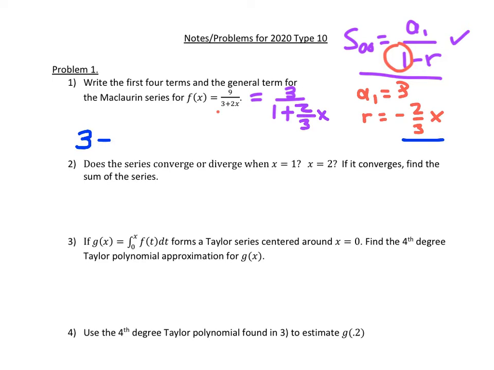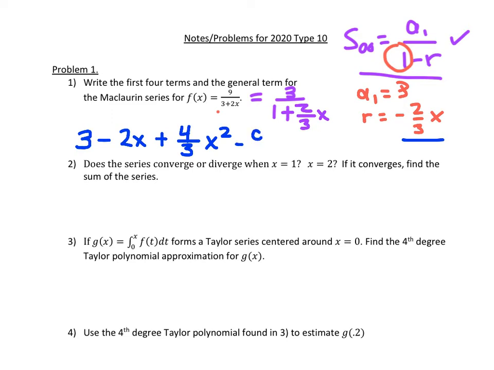And remember, anytime you can go ahead of me, that's fine. So if I multiply this 3 by negative 2/3 x, I'm going to get negative 2x. Why don't you pause and try the next couple? And then I'm going to multiply by 2/3 again, and I'm going to get a positive 4/3 x squared.